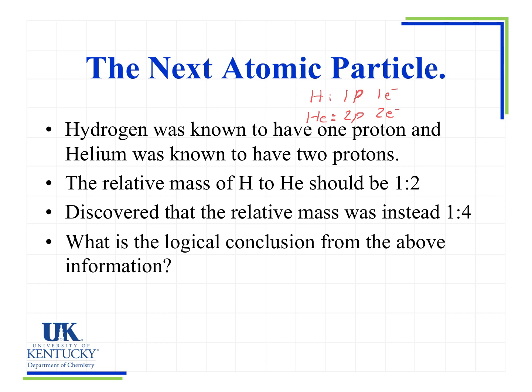So if you're comparing hydrogen with helium, the mass should be 1 to 2, because it has one proton in hydrogen and two protons in helium. But what they discovered, when they measured the mass, was that the relative mass was instead 1 to 4 instead of 1 to 2. So if it was us at that time and we came up with these findings, what was the logical conclusion with this information?